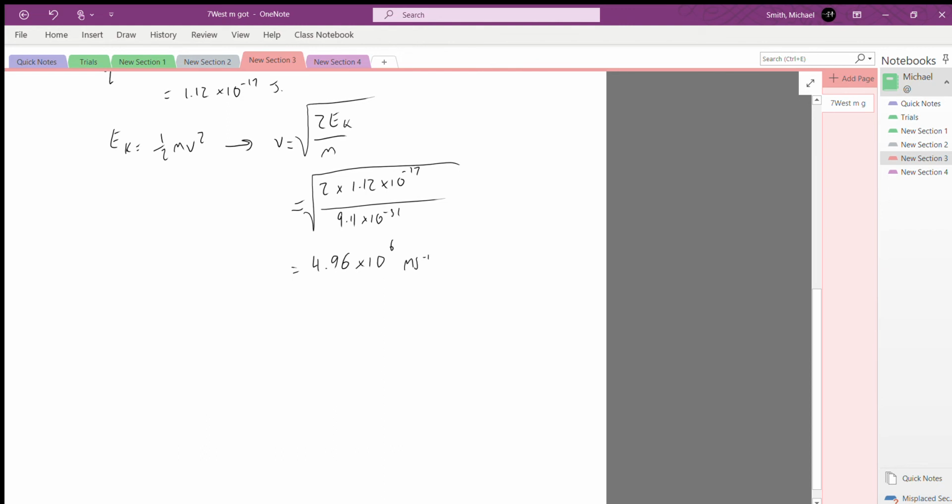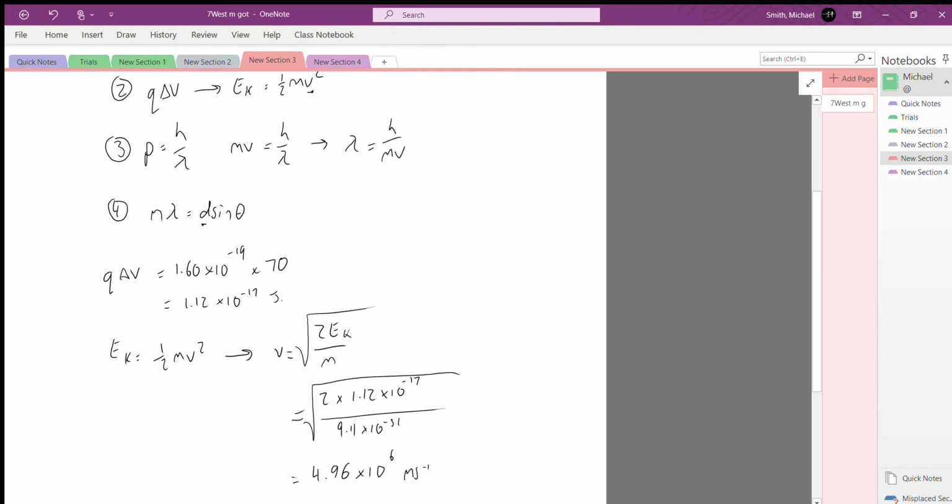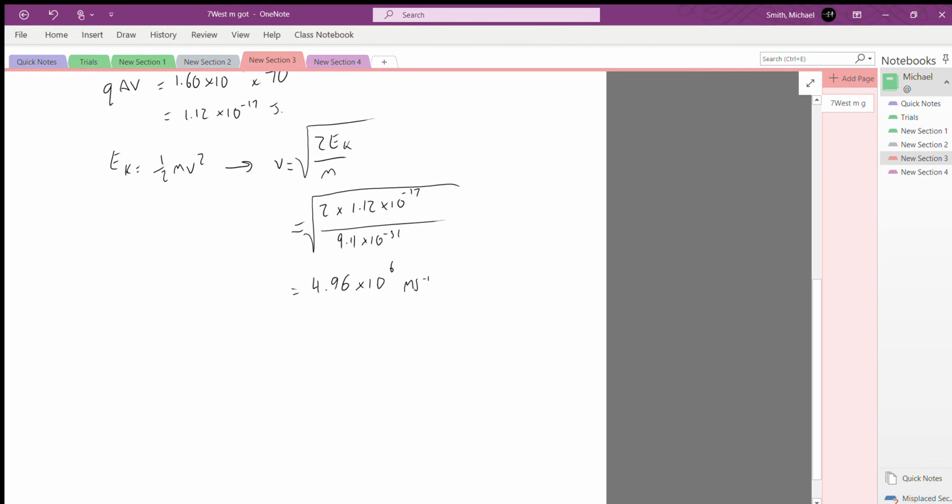Now we are using our de Broglie relationship from up here, so we have lambda equals h on mv. h is Planck's constant, so 6.63 times 10 to the power of minus 34, divided by the mass of an electron, 9.11 times 10 to the power of minus 31, multiplied by the speed that we've just worked out, which is 4.96 times 10 to the power of 6 meters per second.